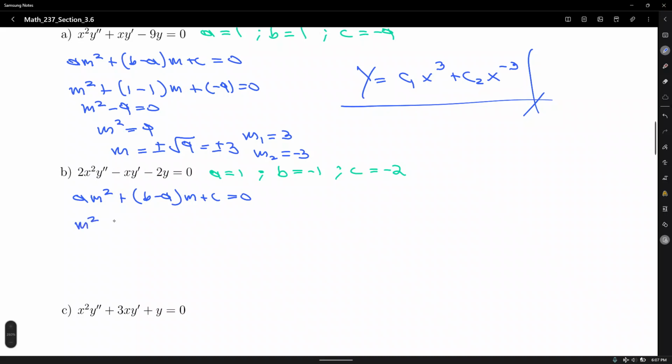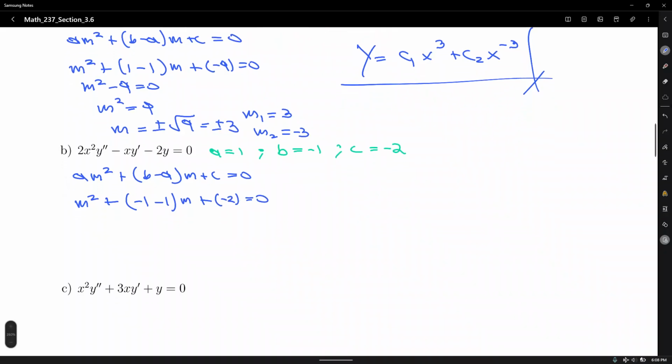So m squared, because a equals 1, plus b minus a, which in this case is, to be careful, b, which is negative 1, minus a, which is 1, times m, plus c, which is negative 2. Let that be equal to 0.